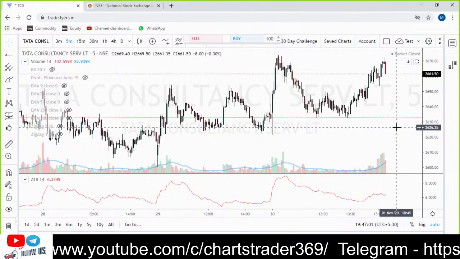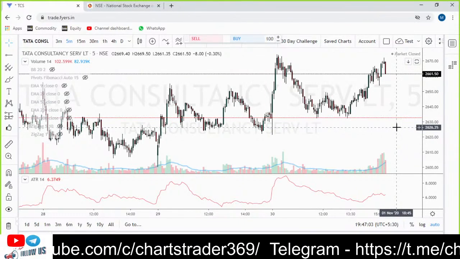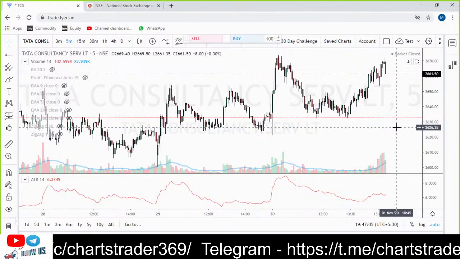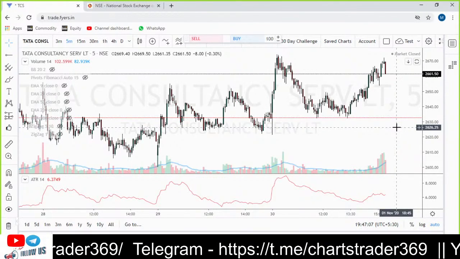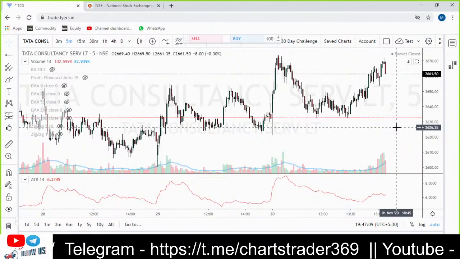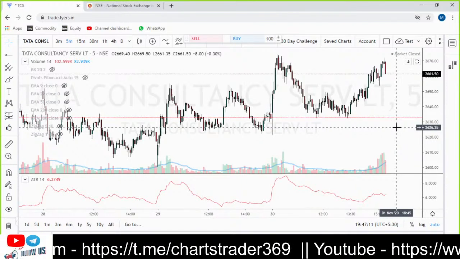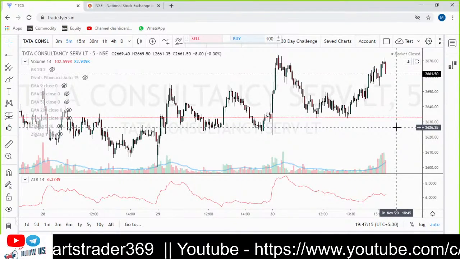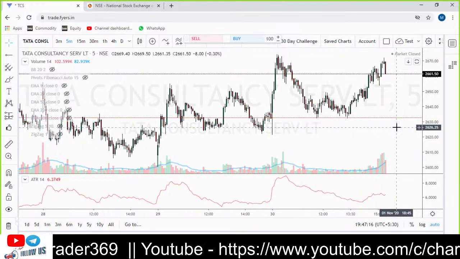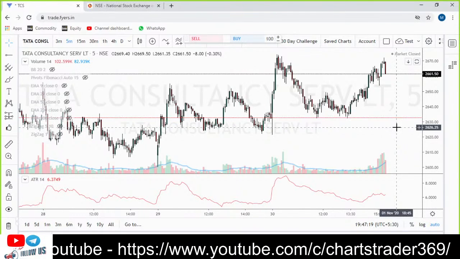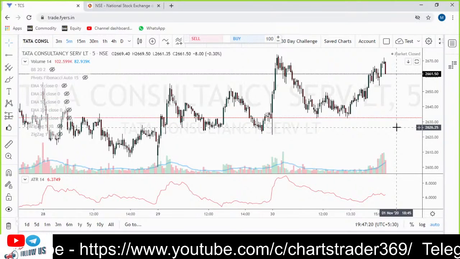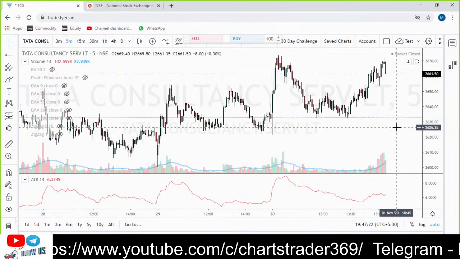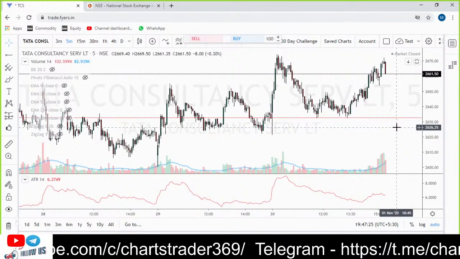Because when you take the first trade, if you make a profit, your mind will take it for granted: okay, today is my day, so whatever trades I take today will be my day only. Then you take a second trade, that also becomes profit. Then that becomes more interesting. Okay, I finished 2 trades today, let's do a third trade now.